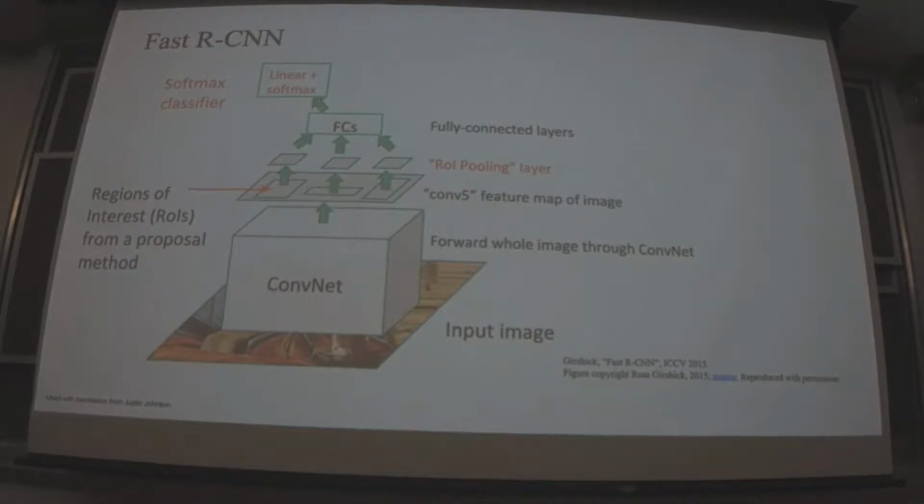Because that was done small enough, you go directly to the next stage of the network, which in Fast R-CNN was to go straight to fully connected layers, basically vectorizing that feature map and then doing these fully connected layers.